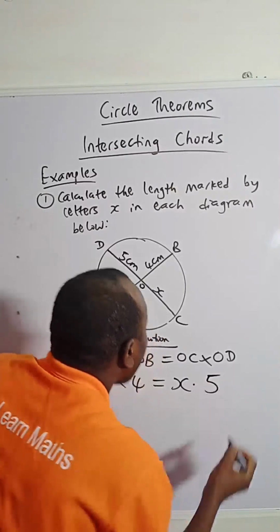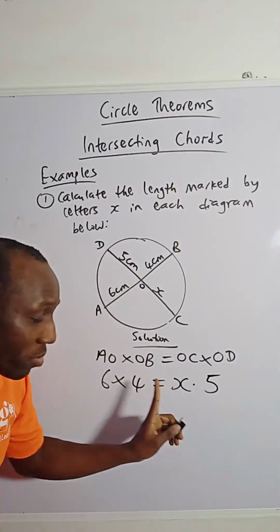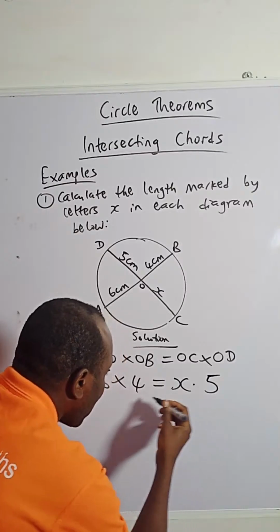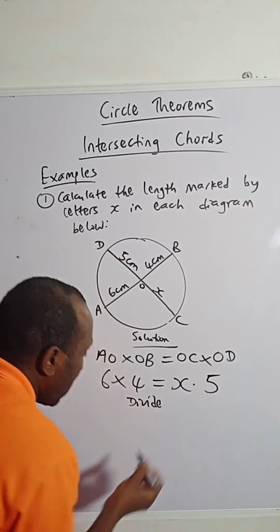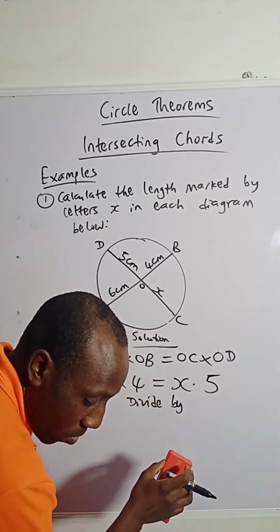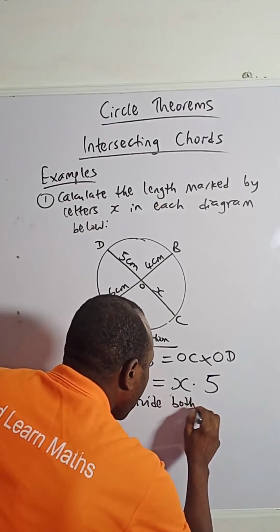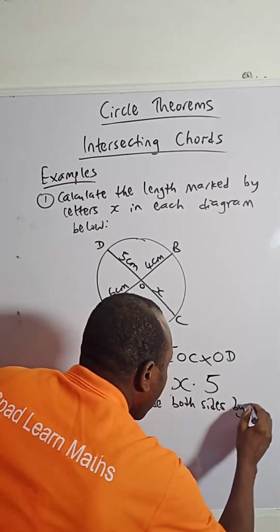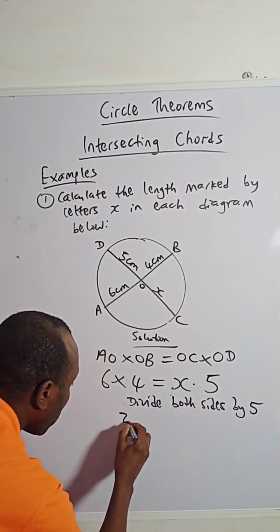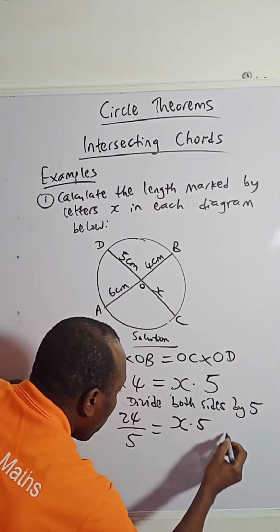If you're just joining us, we are talking about intersecting chords. Since we are trying to get the value of x, I'll divide both sides by the coefficient of x, which is 5. So you have 6 times 4, which is 24. So 24 over 5 is equal to x times 5 over 5.